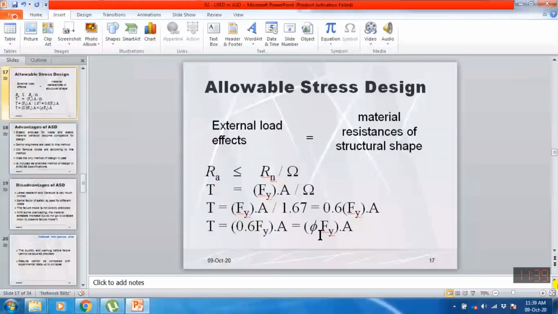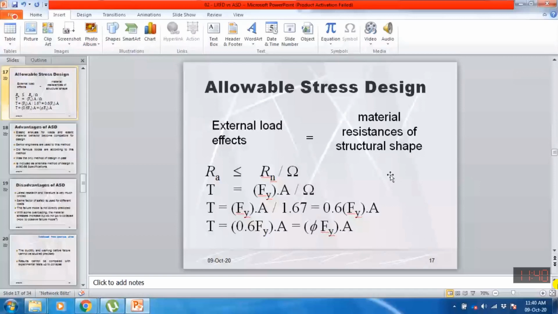So what I want to explain is, if I keep area as a constant, what we are doing in this equation is assuming the material strength as 60% of yield strength. What you understand is that we have put a certain limit on stress or material strength. Instead of assuming the material strength equal to Fy, the yield stress, we are assuming the strength of material is 60% of Fy.